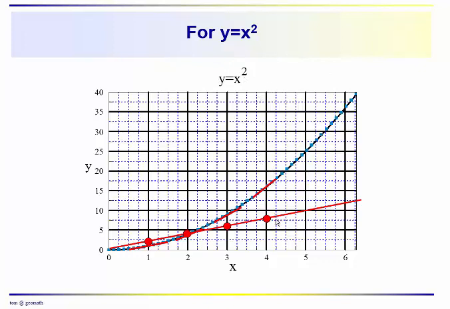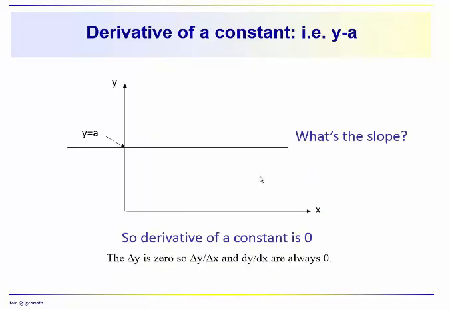How do we figure out what the derivative is? Well, I think you can see that the slope, if we look at our delta y over delta x, is going to be equal to 2. It's a straight line. The intercept is 0. So the derivative is just going to be equal to 2x. So how do we get that?